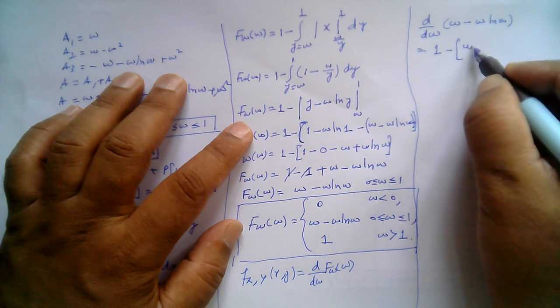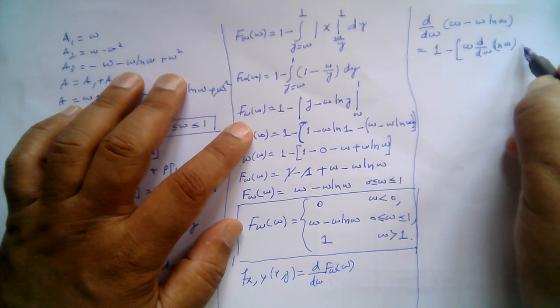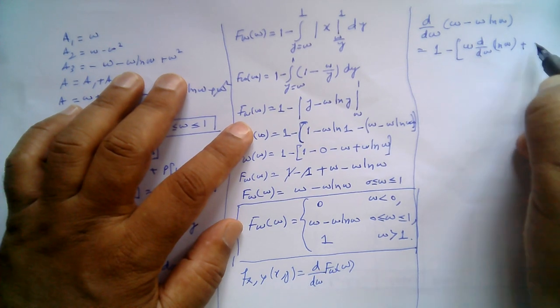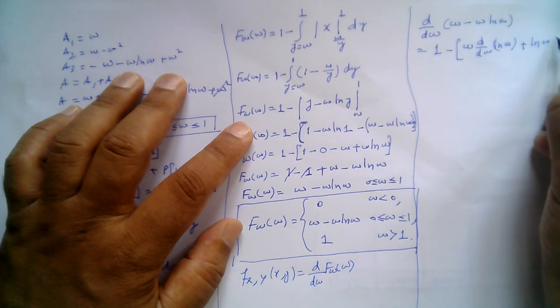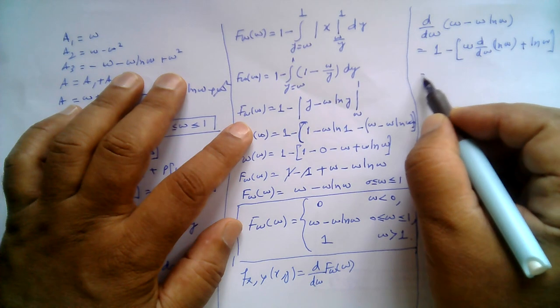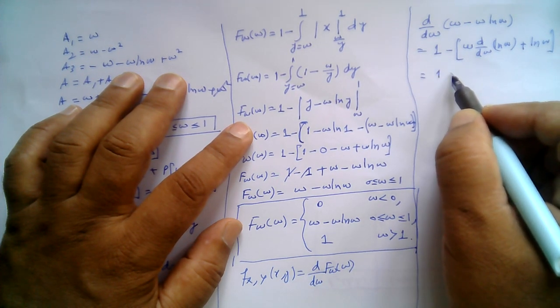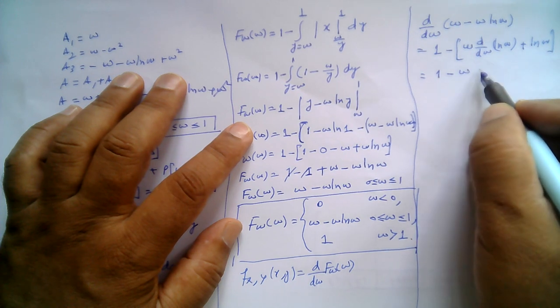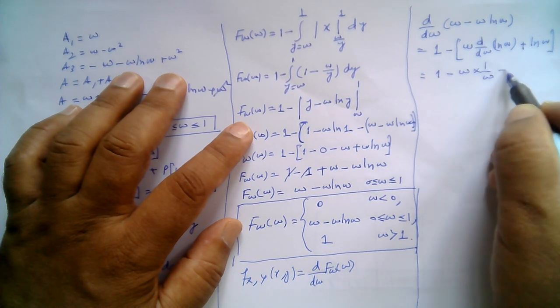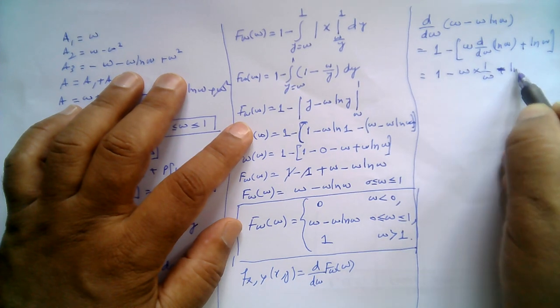For example, we write here d/dw of w, and then plus, we are left with log of w only, right? So this is 1 minus w into 1 over w plus, sorry, this is minus natural log of w, right?